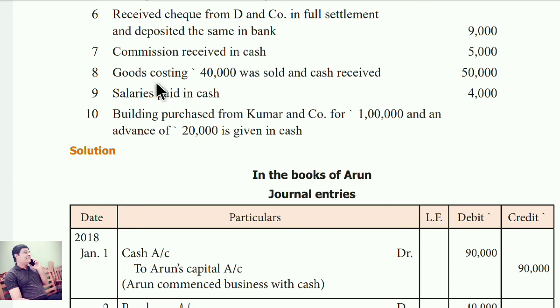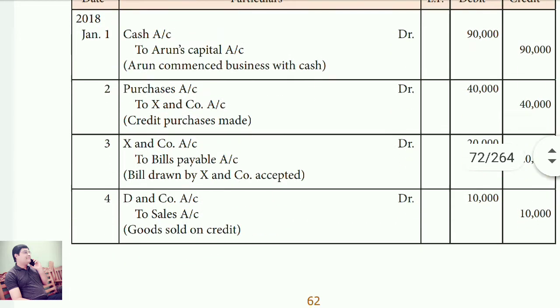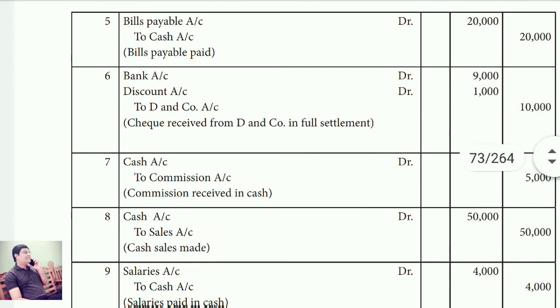Date 8. Goods costing rupees 40,000 was sold and cash received 50,000. So 40,000 of goods has been sold and for that how much did we receive? 50,000 received. So see the date 8.